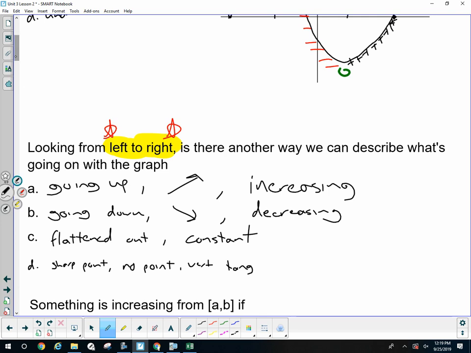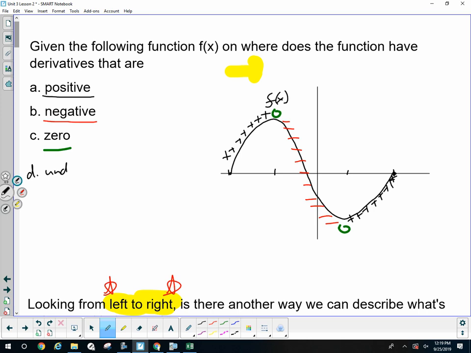Now, in this class, and with students, we like to stay in the world of f of x. And f of x is increasing when its derivative is positive, when f prime is positive. We like to think of f prime as being the derivative.